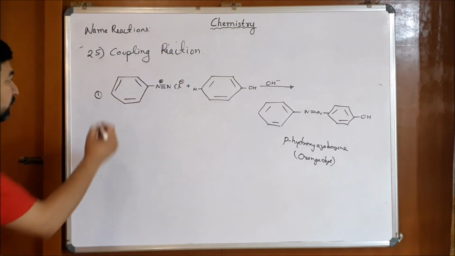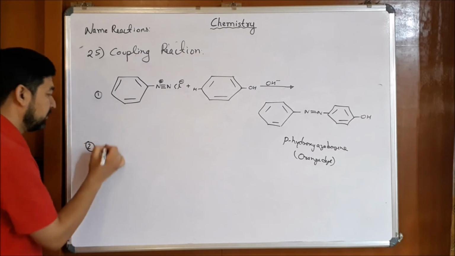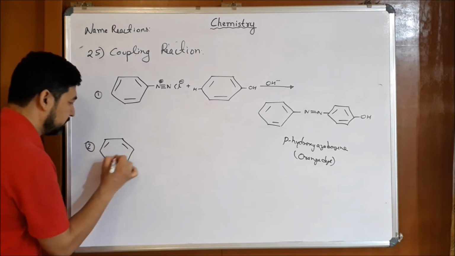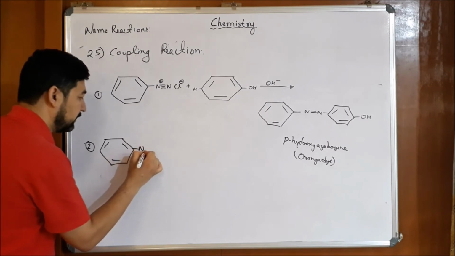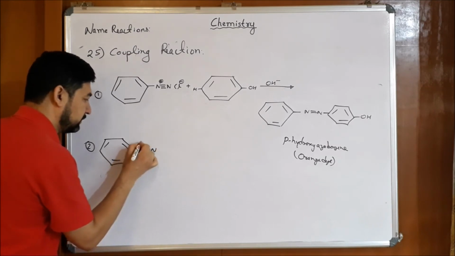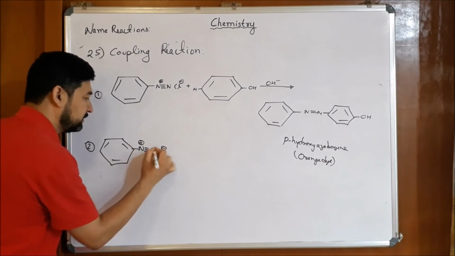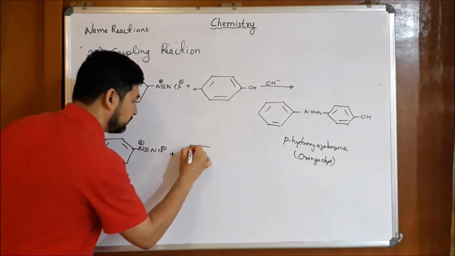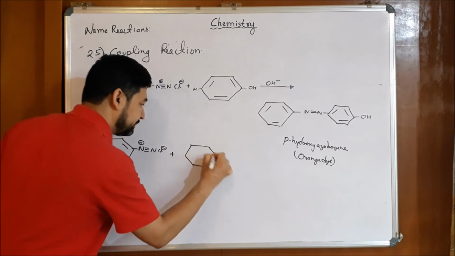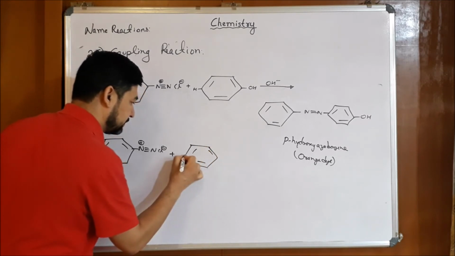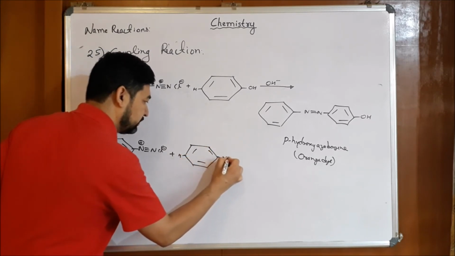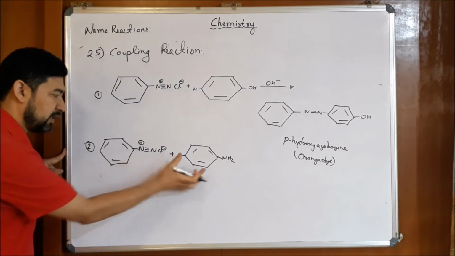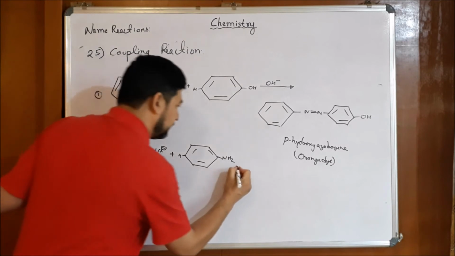The next example of coupling reaction is when this benzene diazonium chloride, N triple bond N plus Cl minus, the Cl stays here, reacts with aniline, which has H and NH2. Here also Cl and H will come out and it forms a coupling.